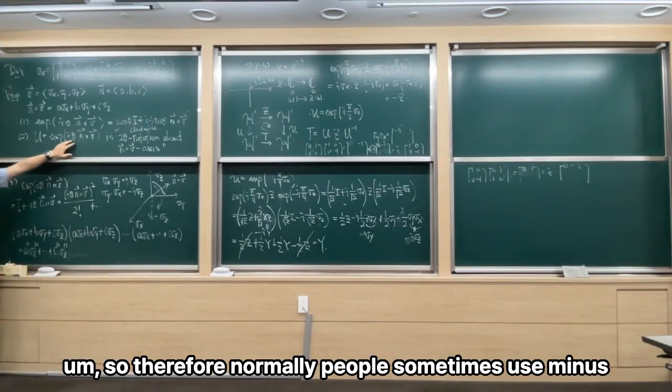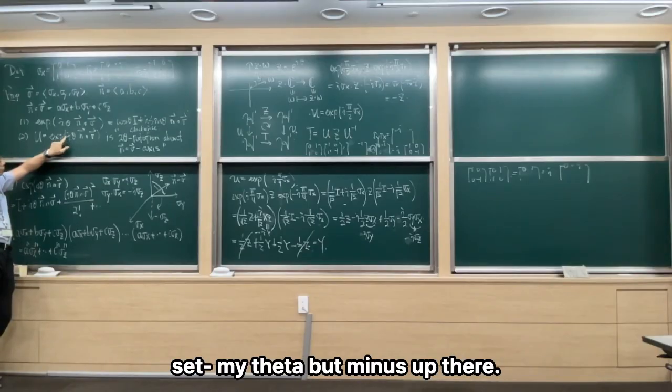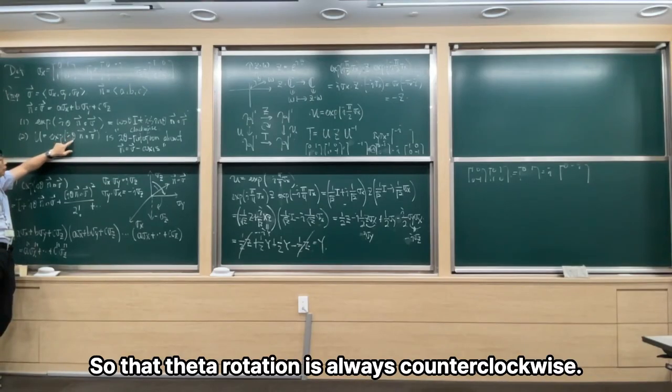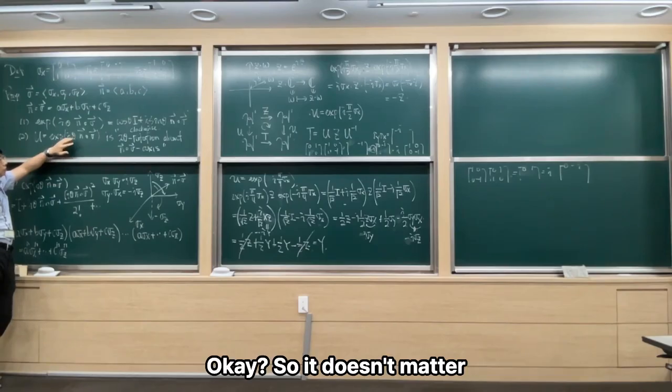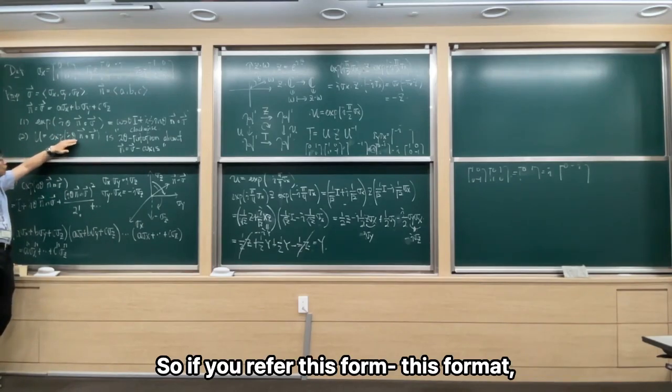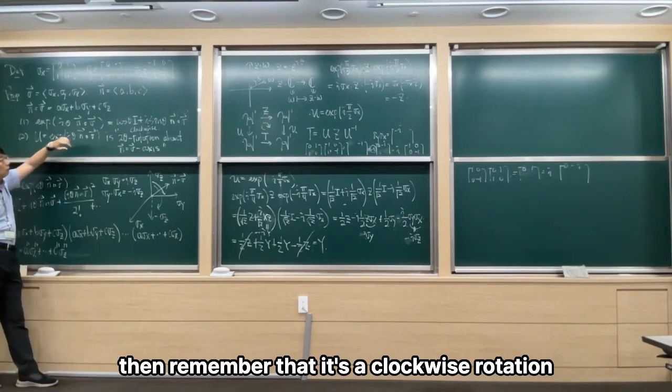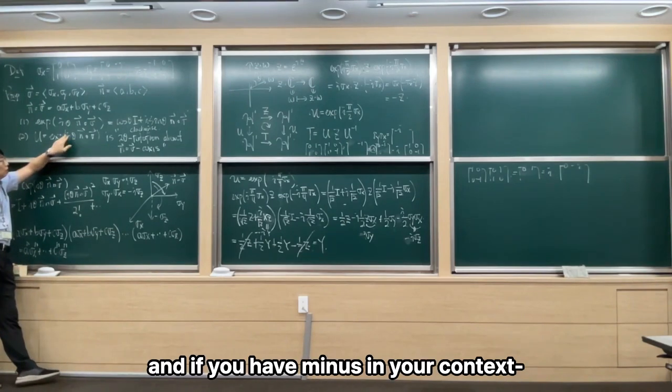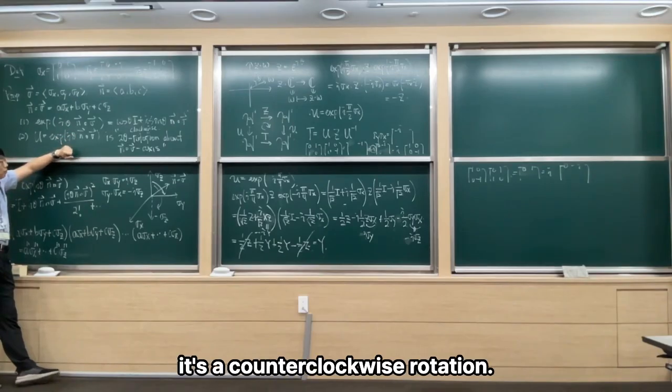So therefore, normally people sometimes put a minus up there, so that theta rotation is always counterclockwise. Okay? So it doesn't matter which way you take. If you prefer this format, then remember that it's a clockwise rotation. And if you have a minus in your context, then remember that it's a counterclockwise rotation.